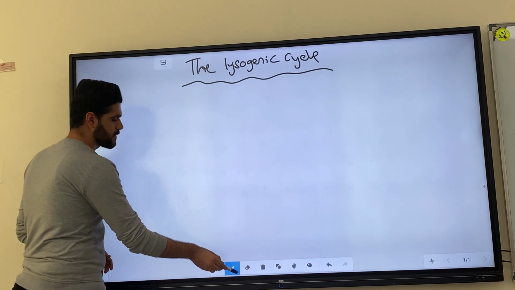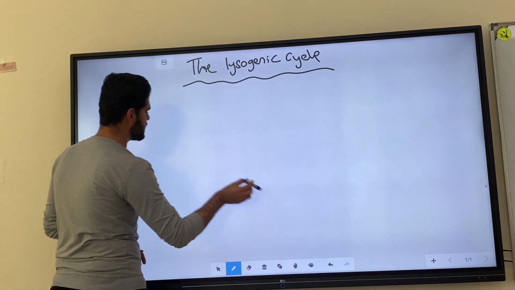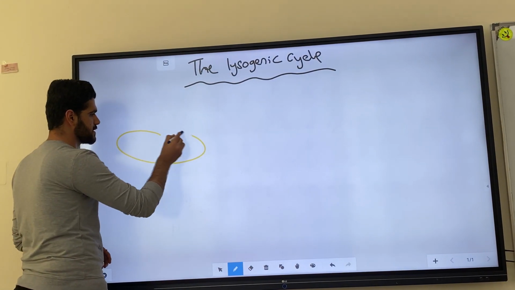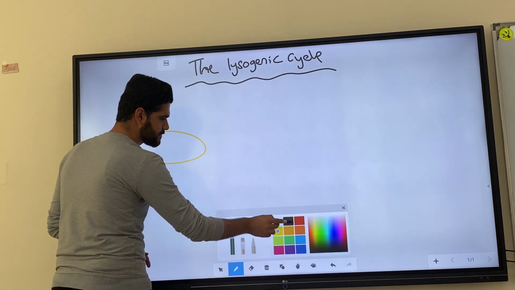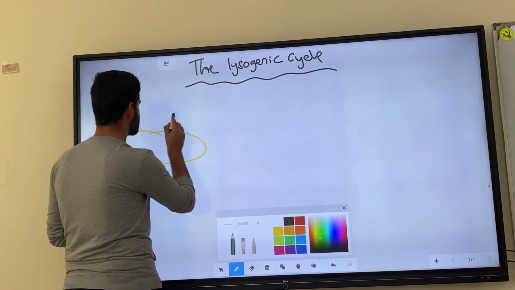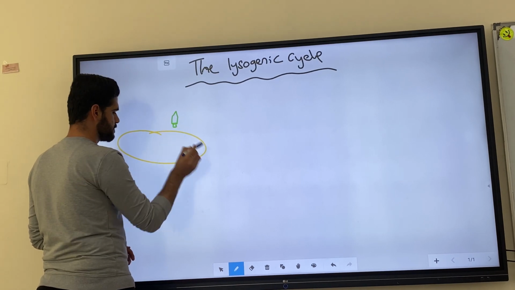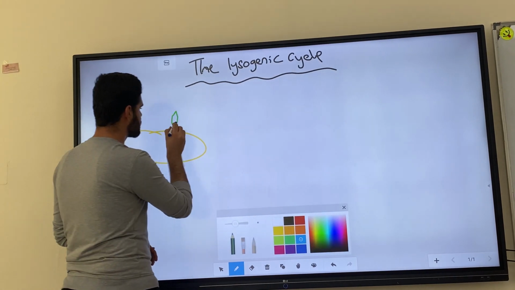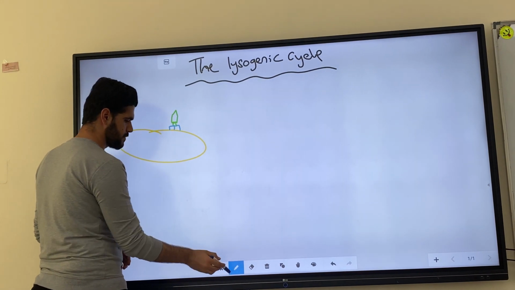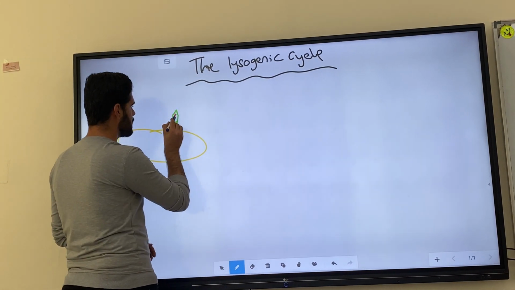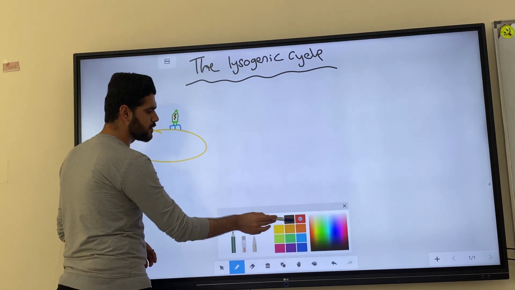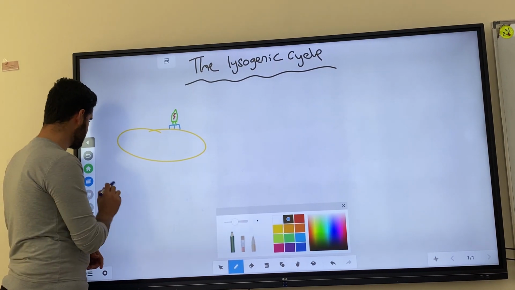After the virus attaches to the cell, this is the host cell again, and this is our virus. The first step, as we said, is called attachment as well.